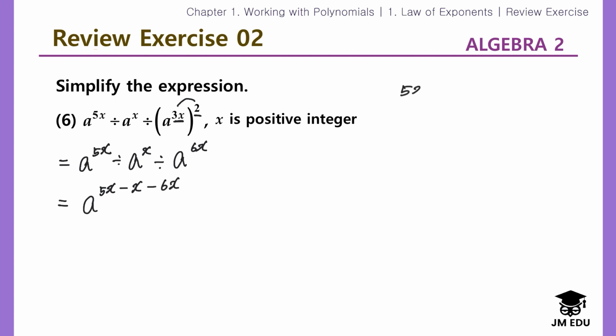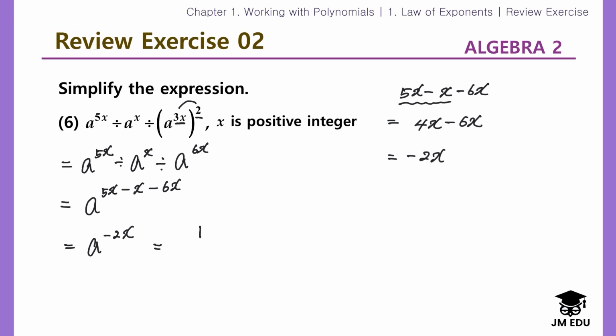So 5x minus x, that's 4x, and we have minus 6x. 4 minus 6, that's negative 2x. So we have a to the power of negative 2x. And if we have a negative in our exponent, then eliminate the negative and write that in the denominator, right? So a to the power of 2x.